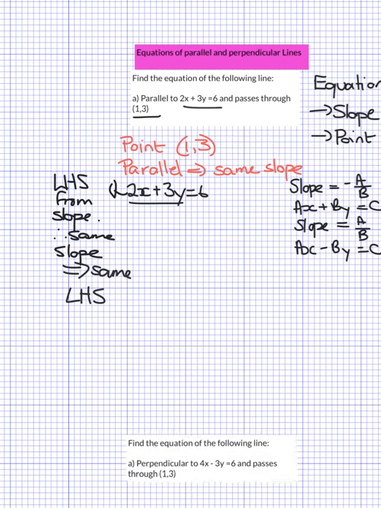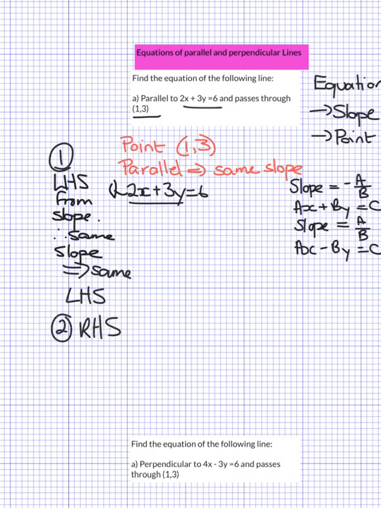And we can find the right-hand side by subbing in the point that we know lies on our line. You know how we did that when we were finding the equation of a line. We'd write from the slope what the left-hand side is, and we'd get the right-hand side by subbing in a point. So now we're going to get the right-hand side by subbing in a point that we know is on the line. The right-hand side comes from subbing in the point on the line.